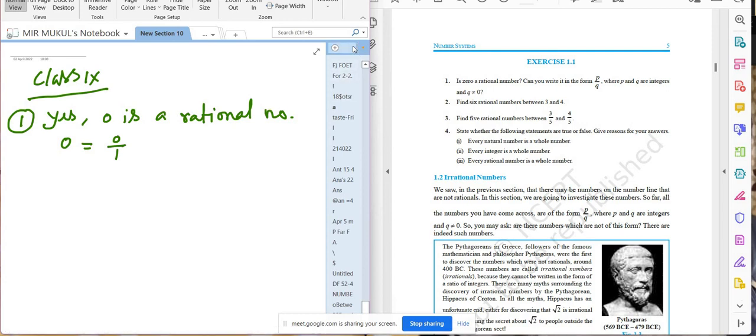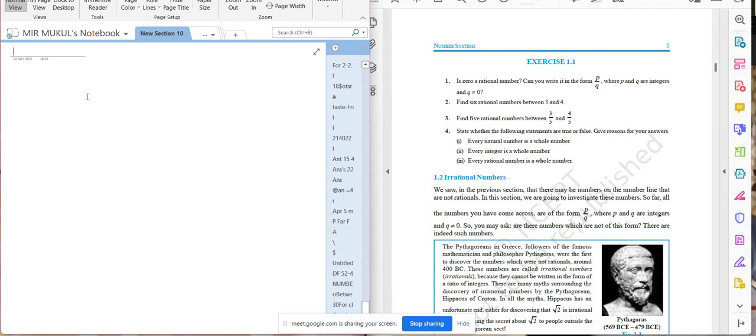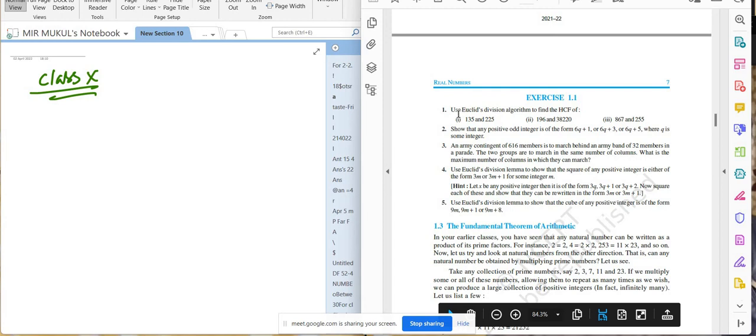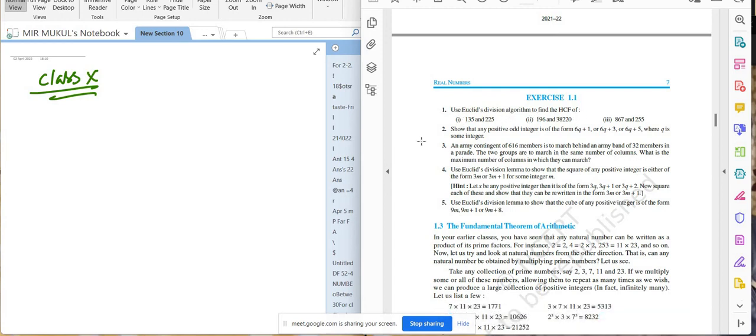Now class 10th. Now see, our first question: using Euclid division algorithm, find HCF. I am showing one, then the others you will do.